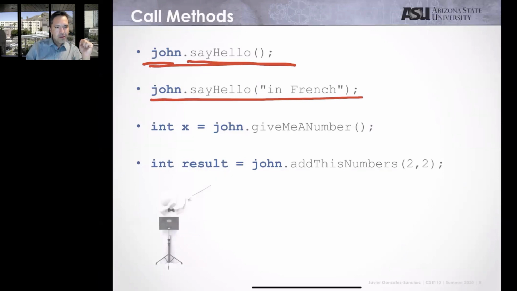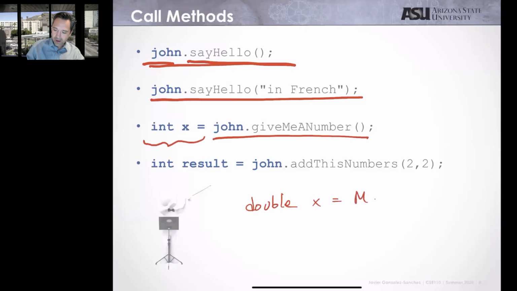However, sometimes something that we have done is this: call a method, and for some reason we use a variable to store something that that method gives to you. And I am sure that you remember this double x equal Math.sqrt.